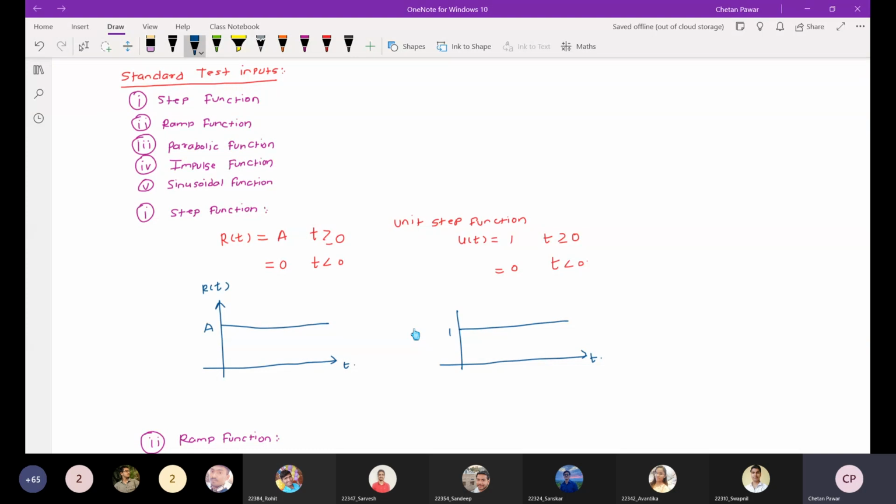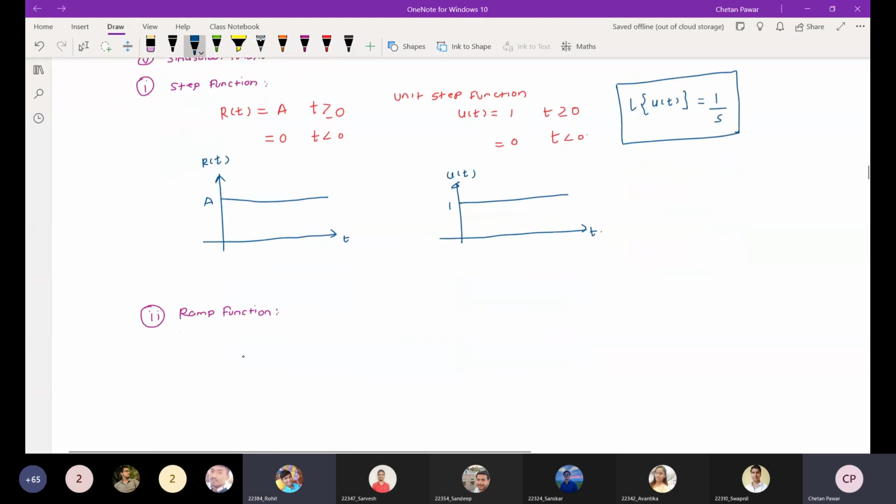And what is the Laplace transform of the unit step? 1 by s. Okay. Then the ramp function.